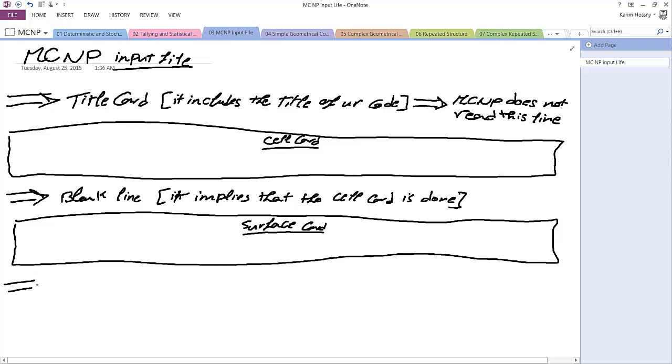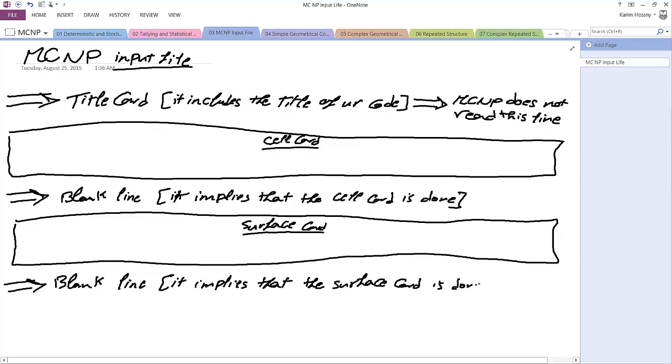And finally, we have another blank line. It also implies that the surface card is done.